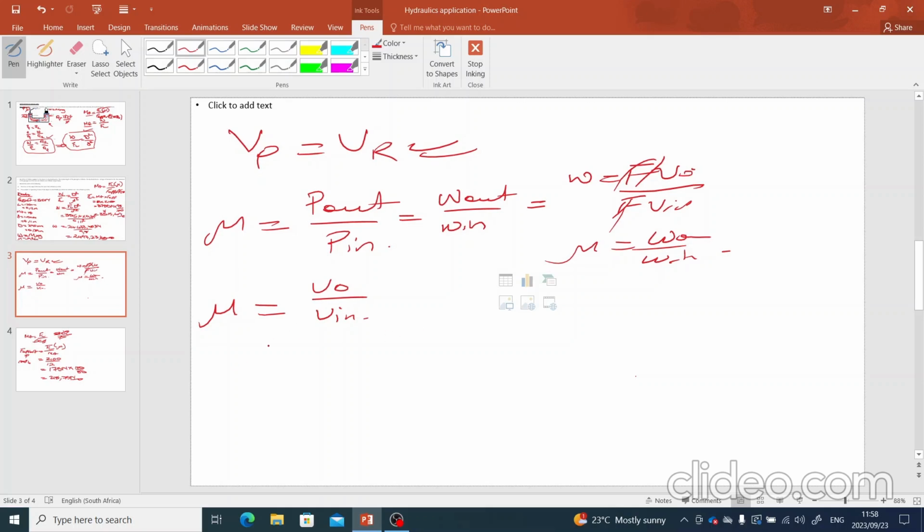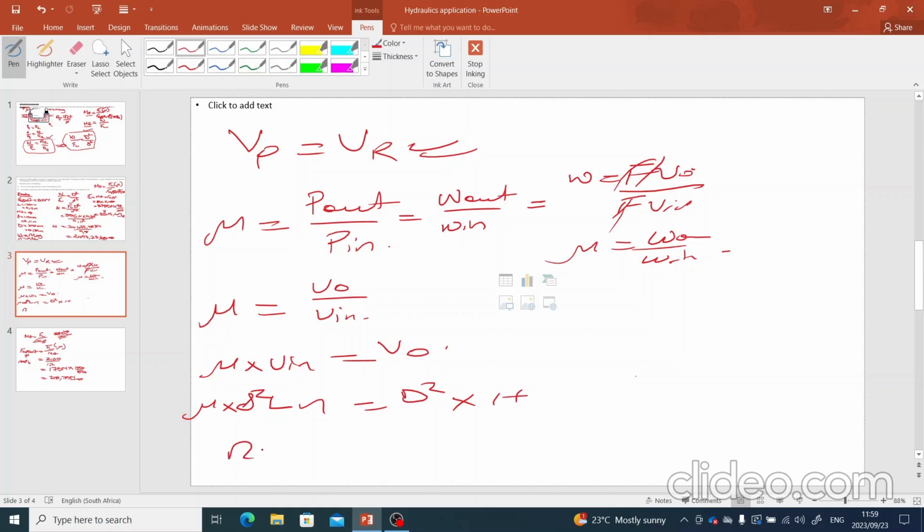Then when you cross multiply, it will be efficiency multiplied by V in equals VO. Then it is efficiency multiplied by small d squared ln equals big D squared multiplied by height.